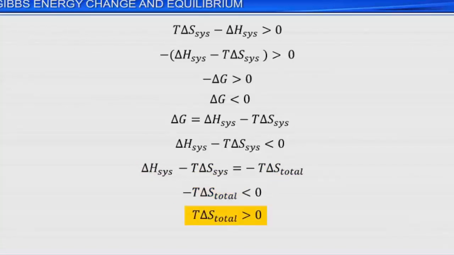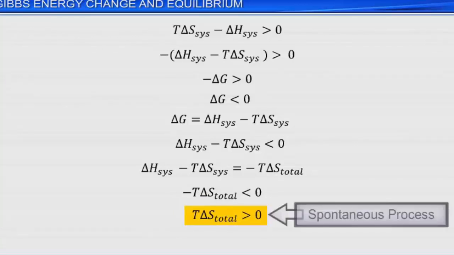This means that change in Gibbs energy less than 0 indicates spontaneous process. Therefore, we can conclude that if at constant temperature and pressure, change in Gibbs energy delta G is negative, that is, less than 0, then the process is spontaneous.